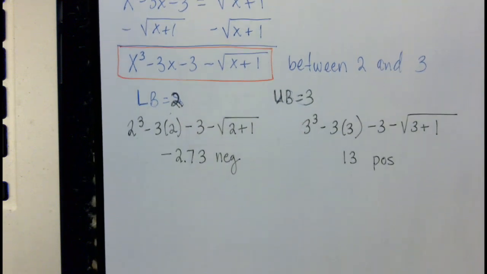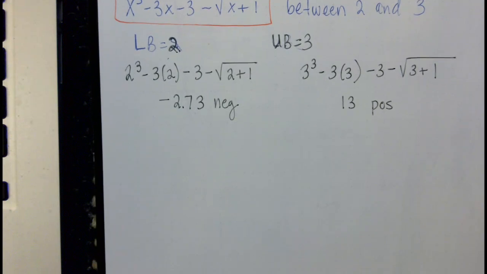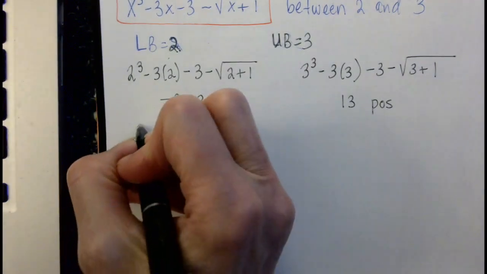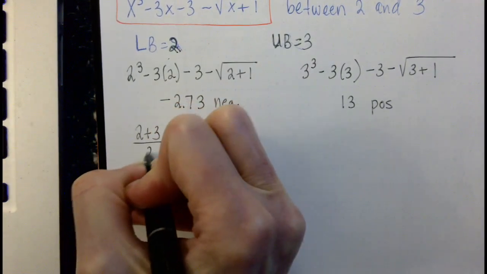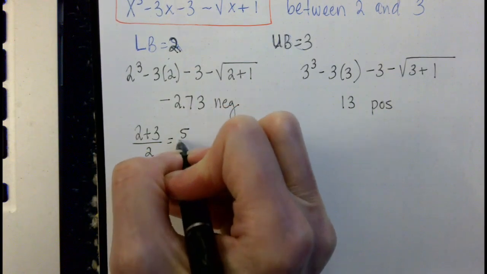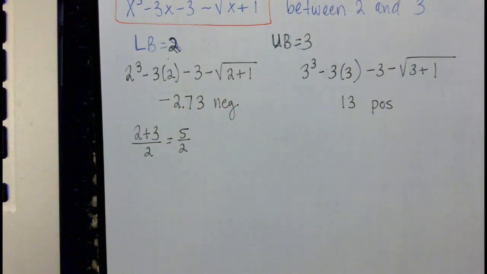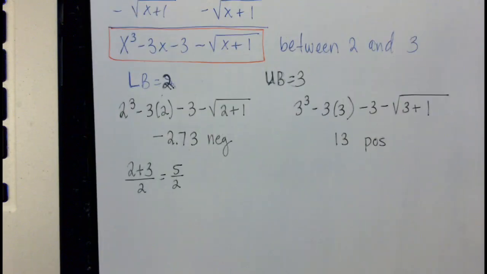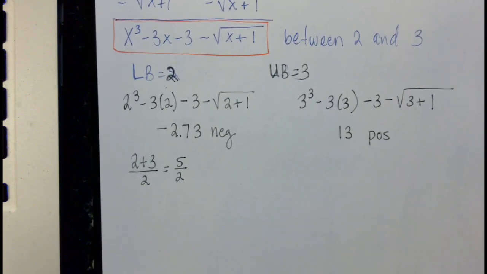And what we're going to do now is take the average of the bounds. So 2 plus 3 divided by 2 is 5 halves. We're going to take that value of 5 halves and put it back into that equation that I've got highlighted there in red.